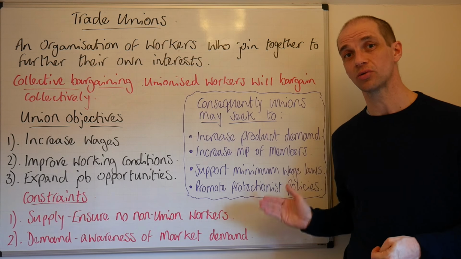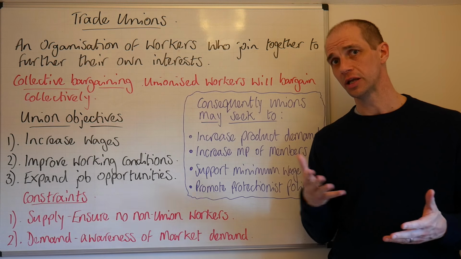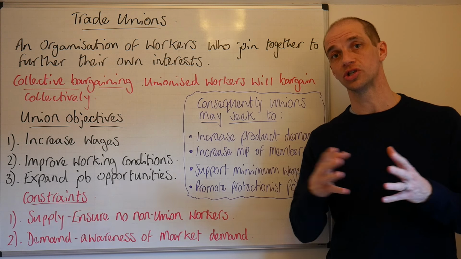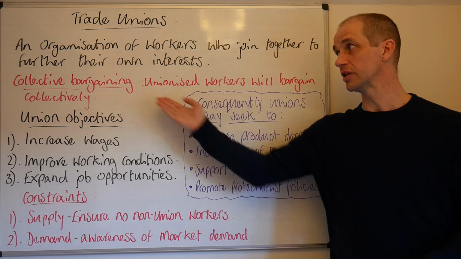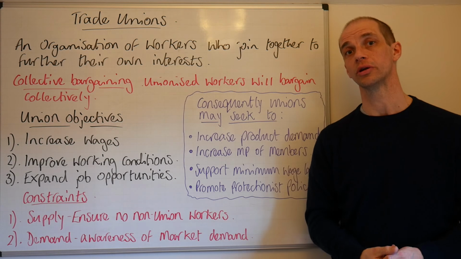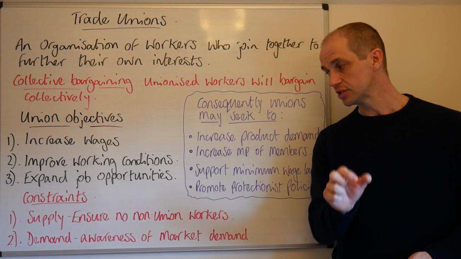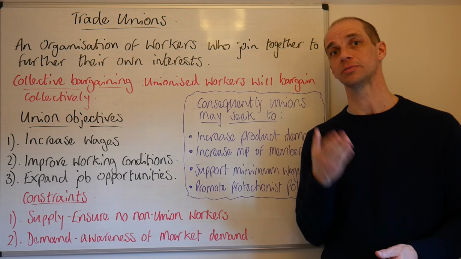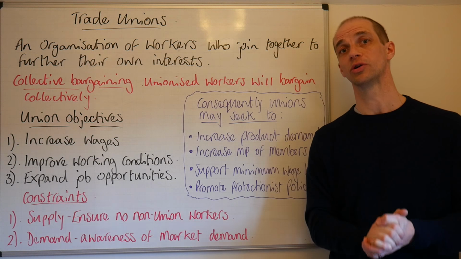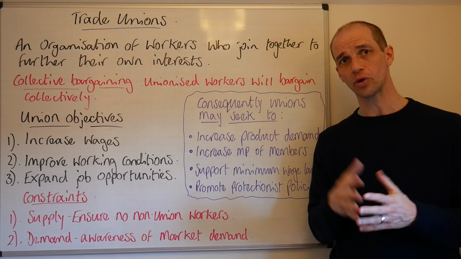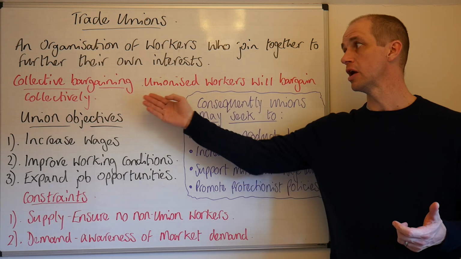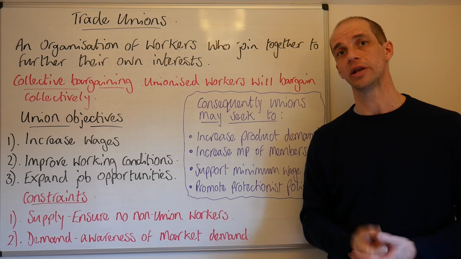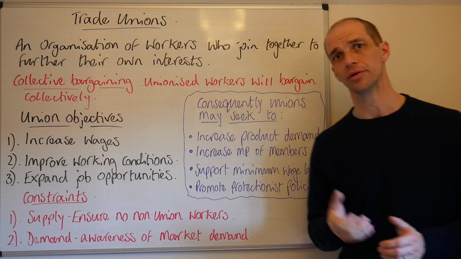Now, teaching is a great example of an industry where there's actually a large number of different trade unions, and that does weaken this collective bargaining position of trade unions. Incidentally, it's worth noting there has been a merger recently between two of the largest trade unions in the teaching industry, and that will help to improve their bargaining position, and they are now known as the National Education Union.